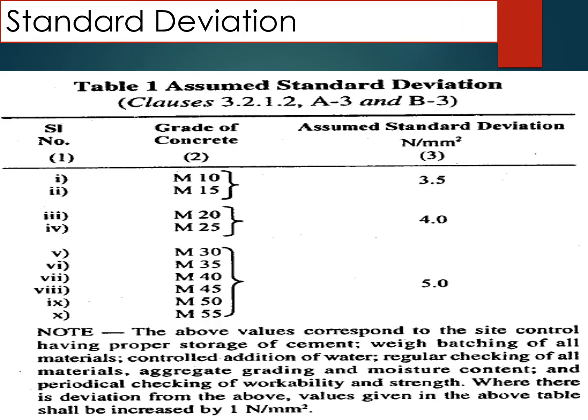Table 1 of IS 10262 says that for M10 and M15 the S value is 3.5, for M20 and M25 the S value is 4, and for grades of concrete between M30 and M55 the standard deviation value is 5. So 30 plus 1.65 times 5 will give you the target strength for M30 grade of concrete as per IS 456.